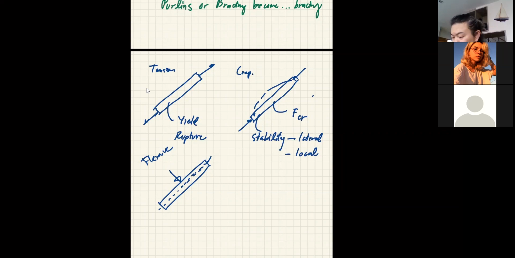So the stress is now not uniform. So we are moving away from the first two, which is pretty simple. Not only is it not uniform, but now you also have a mix of tension and compression.